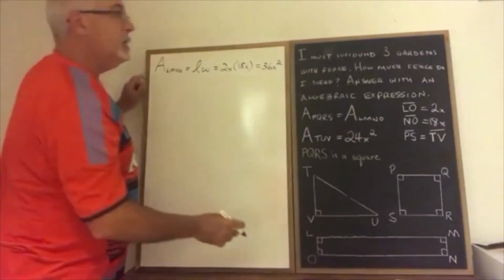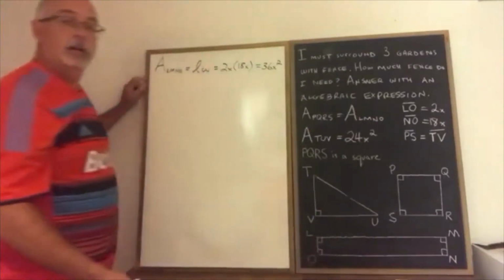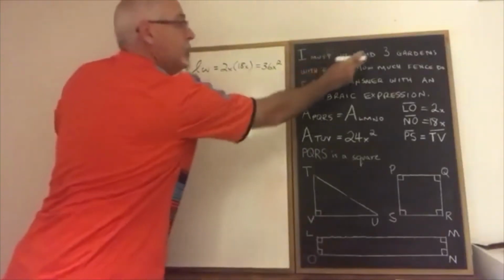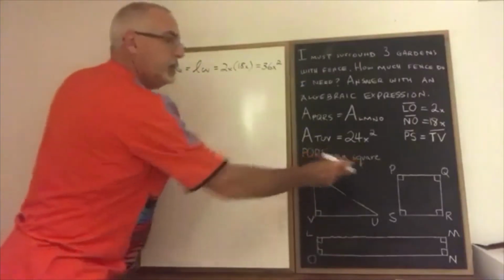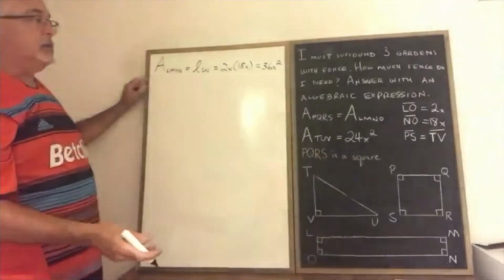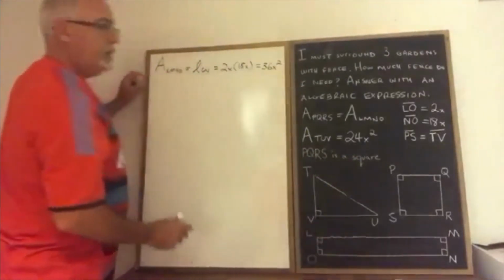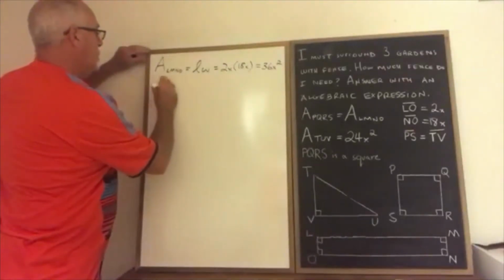But I also need to know the perimeter of that rectangle because I'm surrounding gardens with fence, and that's perimeter. I have to know the perimeter of all 3 gardens and add them together to get my final answer. So I'll go ahead and find the perimeter of LMNO right away.